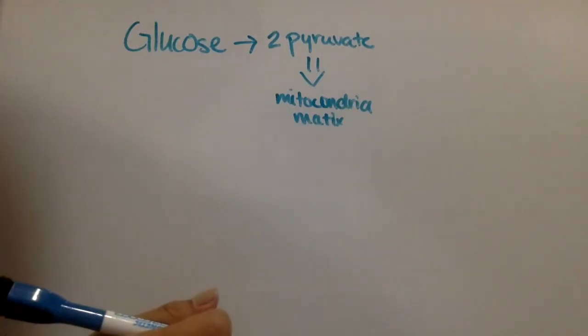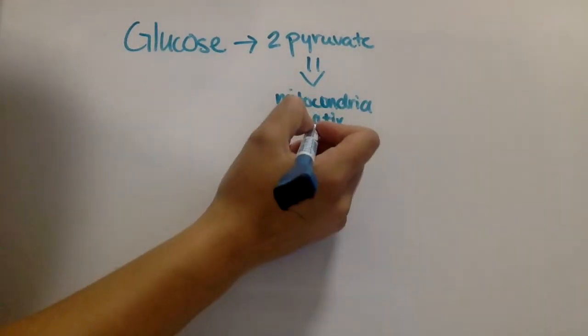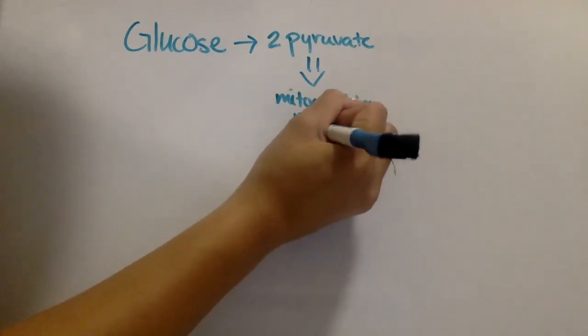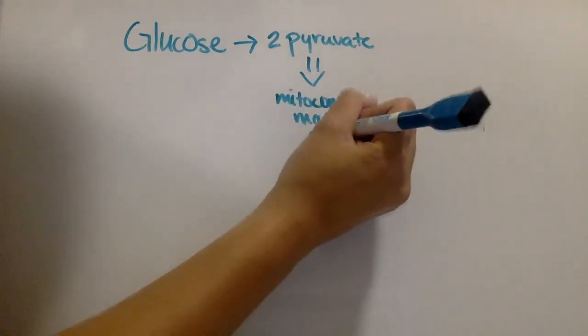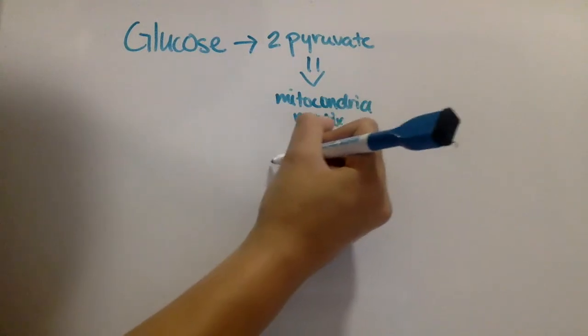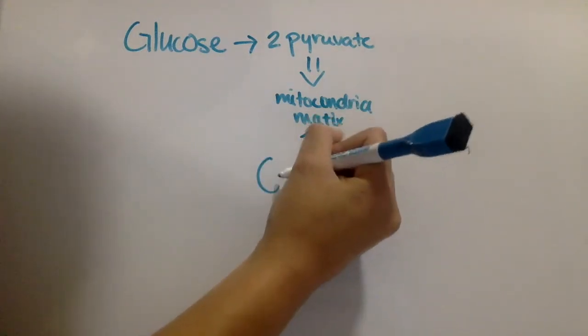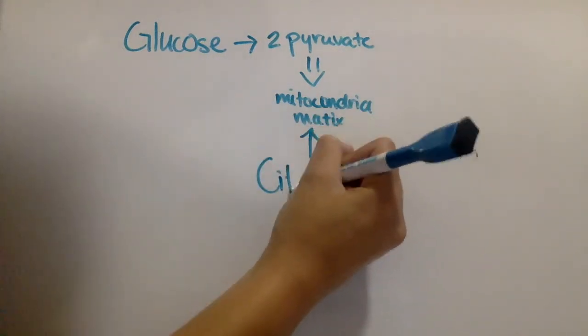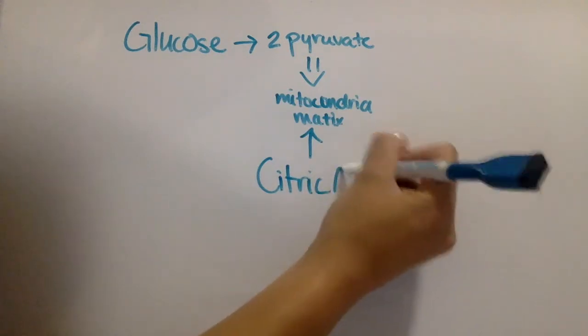The matrix of our mitochondria. The matrix is then where the Krebs cycle happens, or also known as the citric acid cycle.